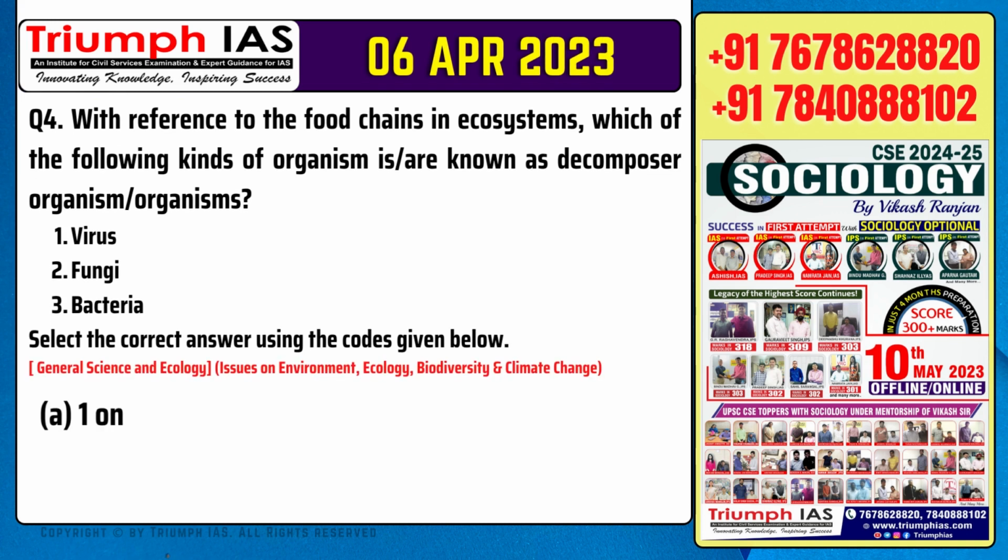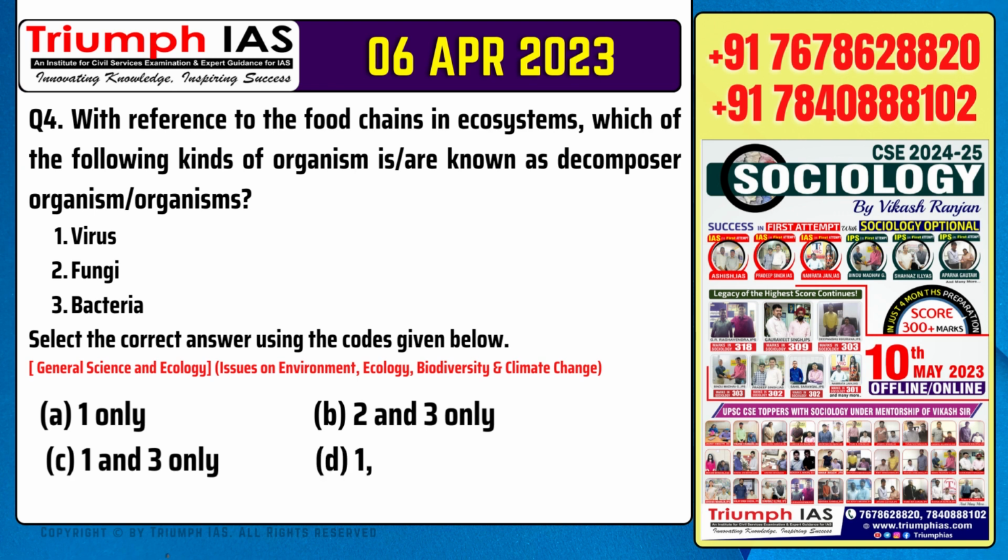Question number 4. With reference to the food chains in ecosystems, which of the following kinds of organism are known as decomposer organisms? Number 1. Virus. Number 2. Fungi. Number 3. Bacteria. Select the correct answer using the codes given below.